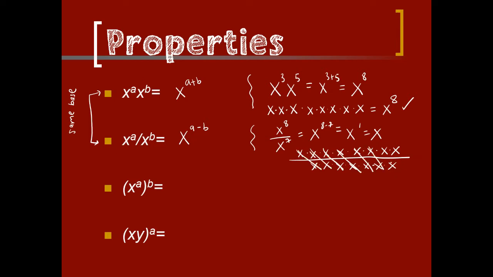This is all multiplication, and I'm left with 1 x, or x to the power of 1. Here, what we have is when we raise a power to a power. This is the product rule, and this is the quotient rule.